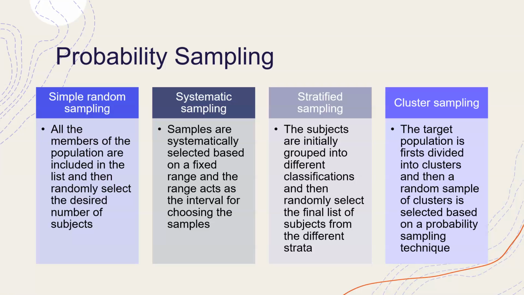This will be your first subject, for example 3. Next, select another integer which will be the fixed range or interval between subjects, for example 5. Then your subjects will be the patient 3, followed by 8, 13, 18, 23, and so on, every fifth individual from the first subject.